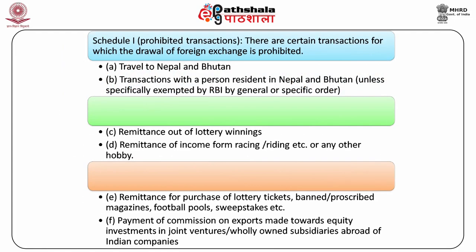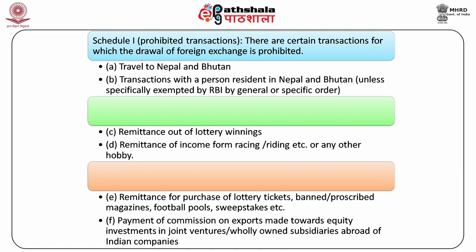First, Schedule 1st, prohibited transactions. There are certain transactions for which the drawal of foreign exchange is prohibited. These are as under: A. Travel to Nepal and Bhutan. B. Transactions with a person resident in Nepal and Bhutan unless specifically exempted by RBI by general or specific order.